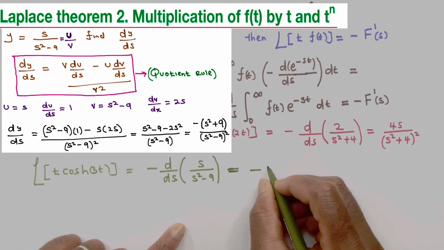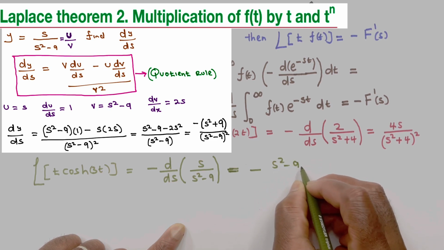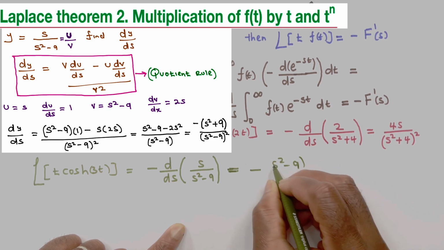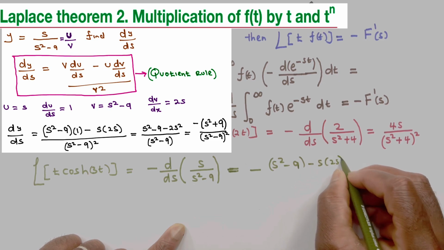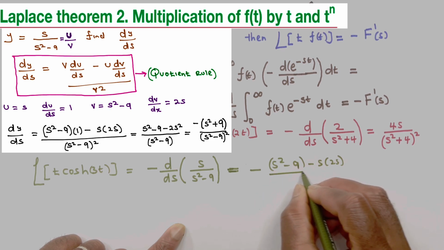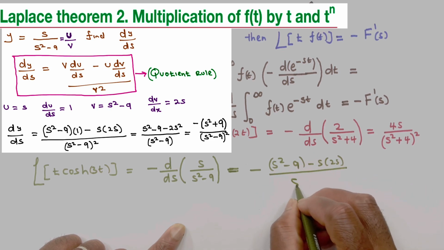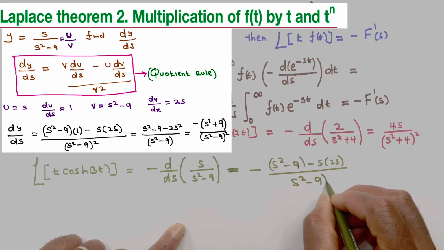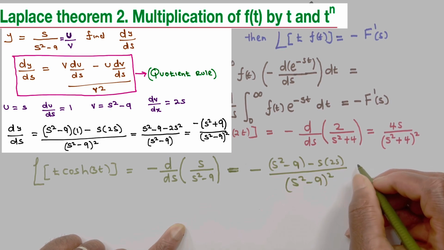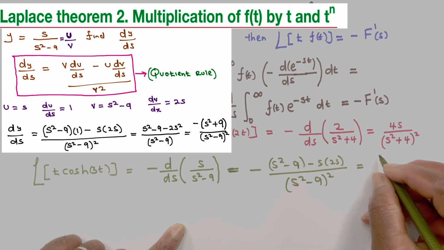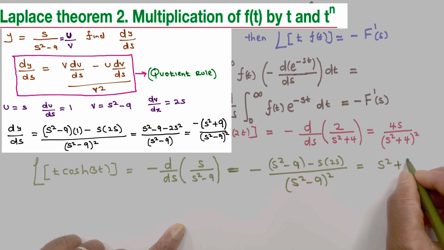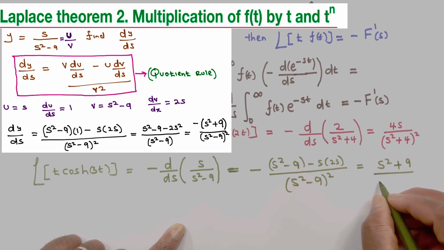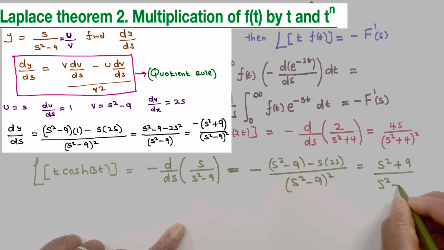The differentiation is what I've done using the quotient rule, because we're differentiating s over s squared minus 9. So I got minus s squared plus 9 over s squared minus 9 all squared. If you multiply by the minus in front of the derivative, you get the plus. So you get s squared plus 9 over s squared minus 9, all squared.